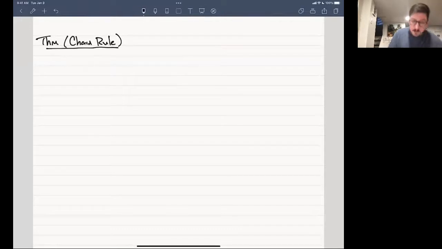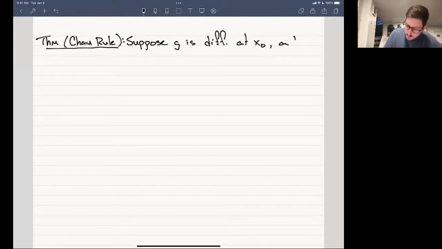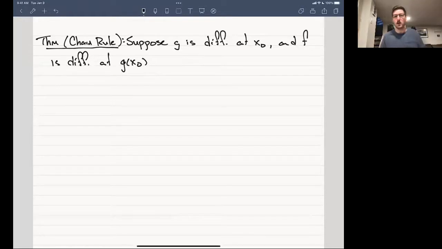Okay, so chain rule here. Let's take a look at this. Suppose g is differentiable at x0 and f is differentiable at g of x0. Remember, we're talking about compositions for the chain rule.